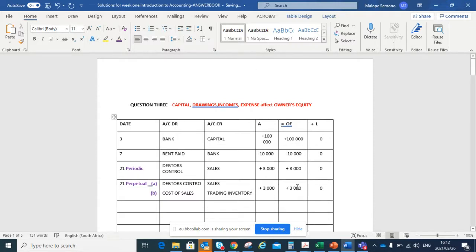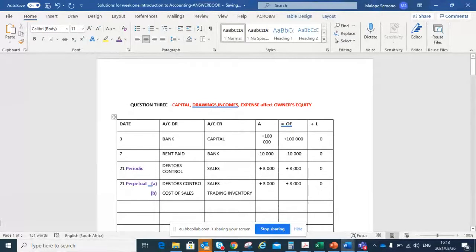Can you see now? And then who can tell me which columns I will affect for cost of sales? Which columns do you think I'm going to affect? Please try. Cost of sales, trading inventory. I told you this affects this, this affects this.